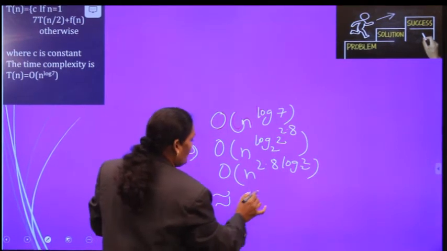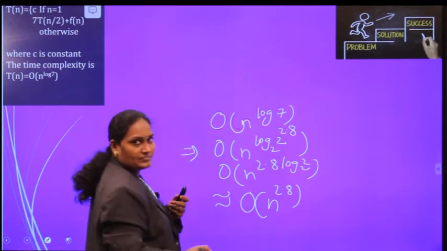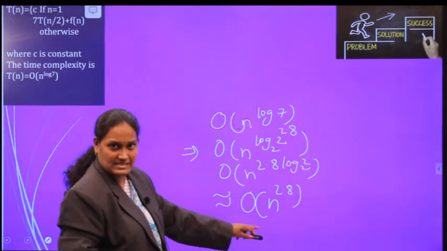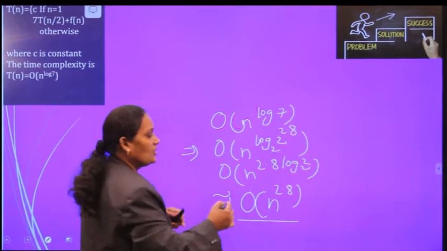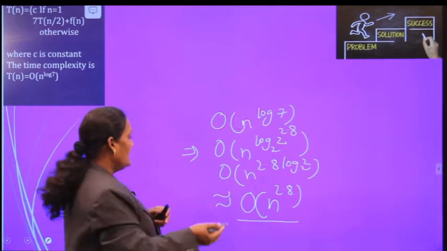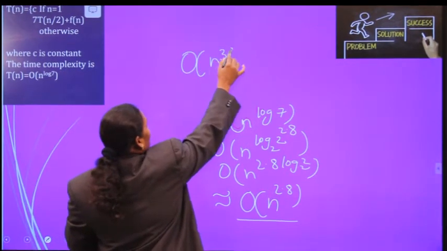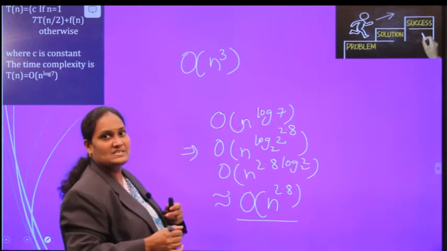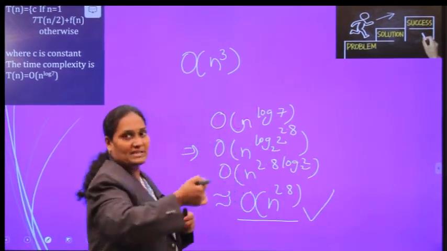So the time complexity is big O of n power 2.8. In case of Strassen's matrix multiplication, the time complexity becomes big O of n power 2.8. But the general matrix multiplication takes the time complexity big O of n cube. That is, by reducing one multiplication, we reduced the time complexity.